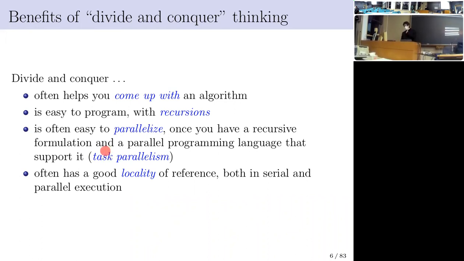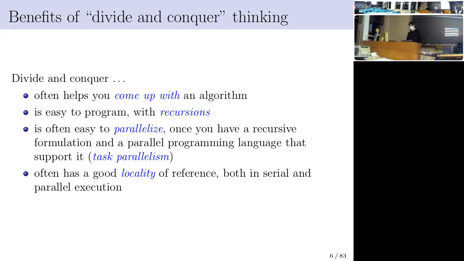Moreover, I cannot speak too much about this, but if you formulate the algorithm in this way, it often has good locality of reference, in both serial and parallel execution.